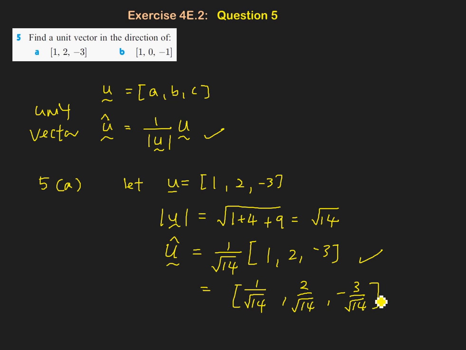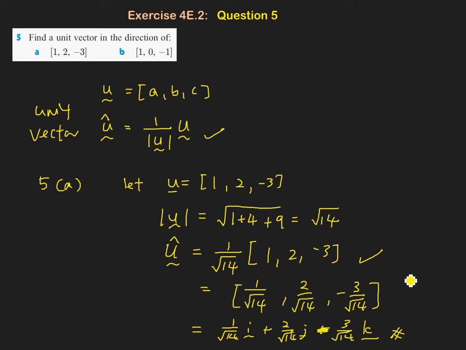And if you want to go one step further, it is not really necessary, but I'll just show you. Then this is minus 3 over the square root of 14 k. As you can see, this is how you find a unit vector.